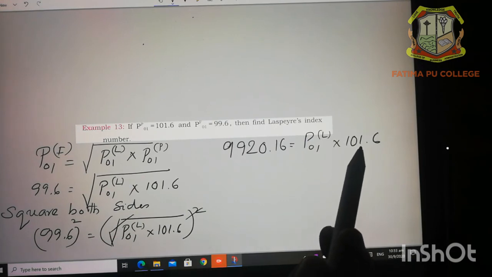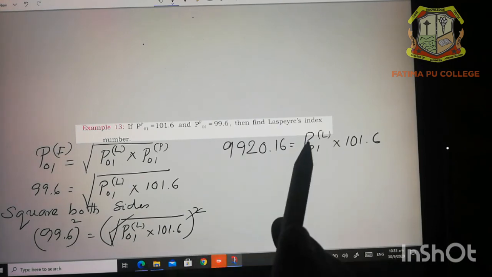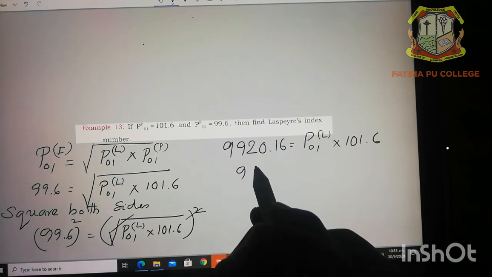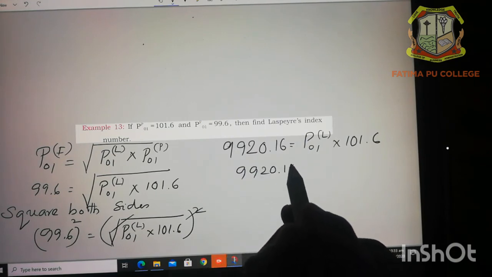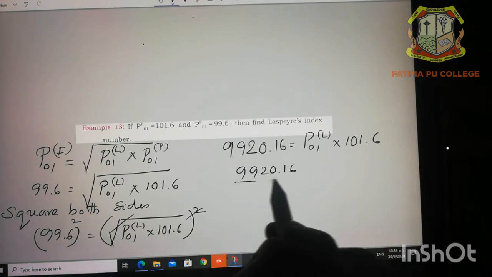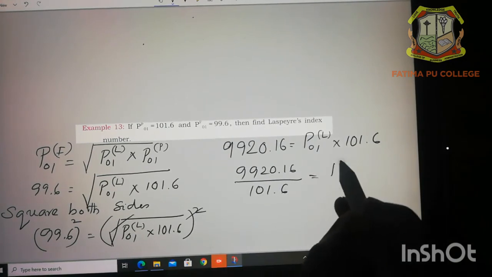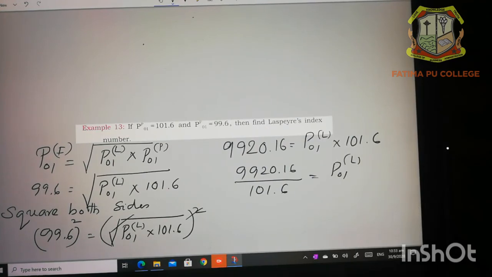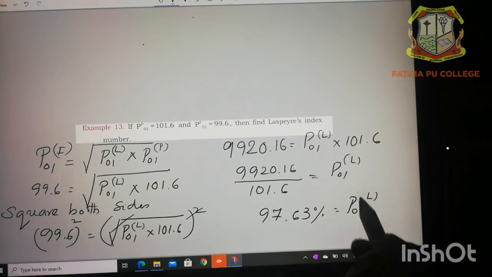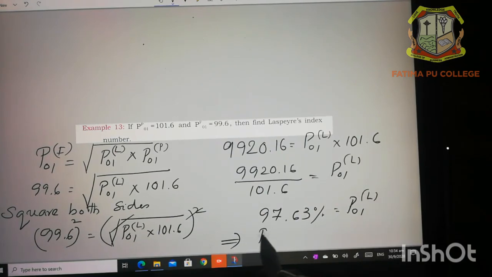Now 101.6 is the product of this. So when I take it to the left hand side, we have to divide it. 9,920.16 divided by 101.6. It will happen like this. So the final answer after doing the division is something like 97.63%.